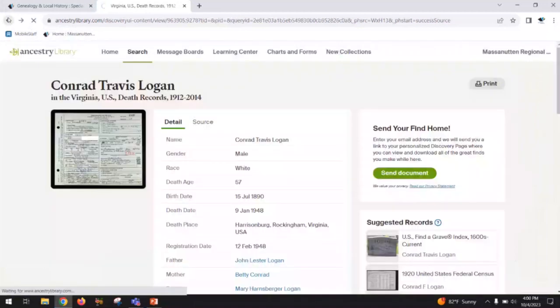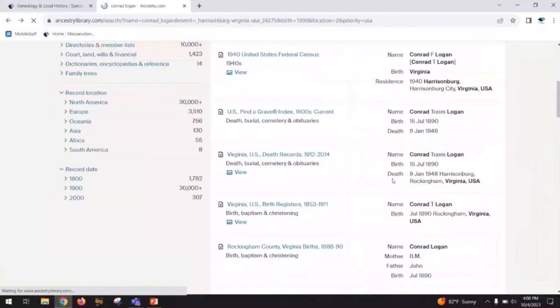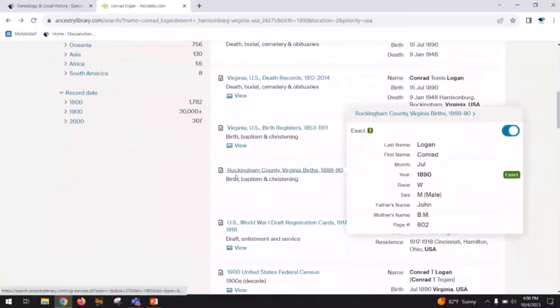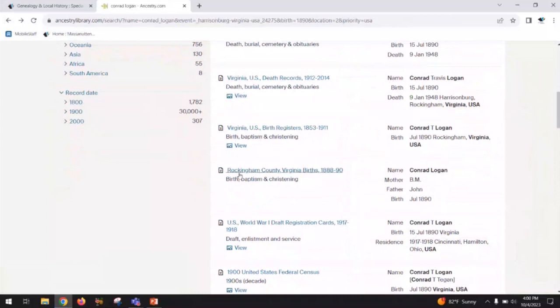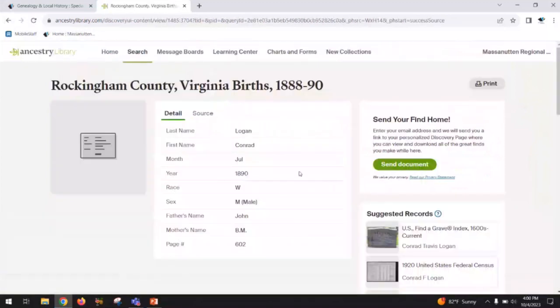Let's go back and look at our search results again. So we're going to look at this Rockingham County birth register. So this is just an index, but we see his parents again, John and BM, so that's probably Betty.